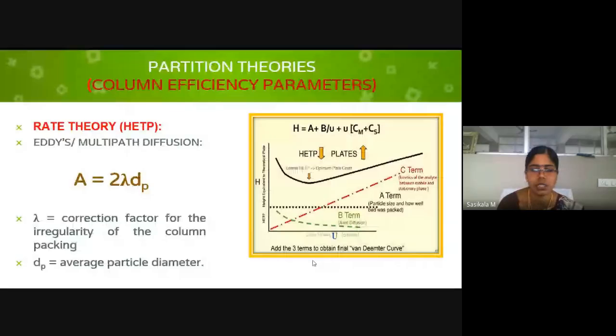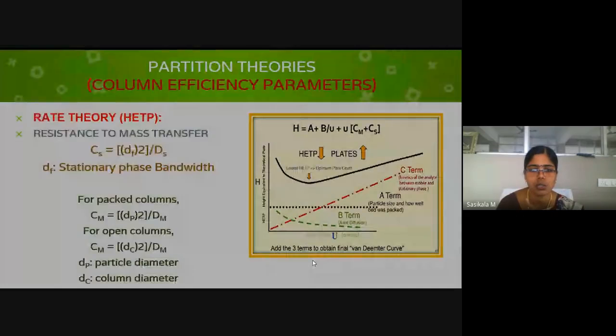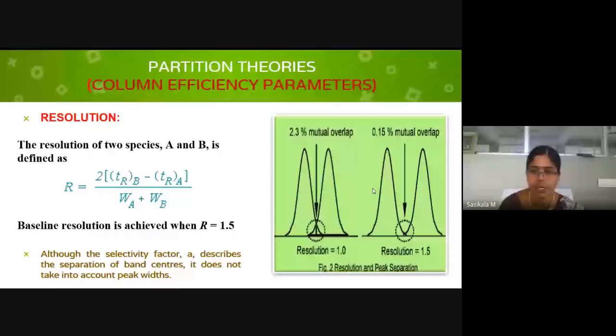Likewise, resolution also should be 1.5 for optimum peak separation. This diagram represents resolution and peak separation. Here the overlapping of your peaks is mutual, 0.15% mutual, here 2.3% mutual, but it is not touching the baseline only.